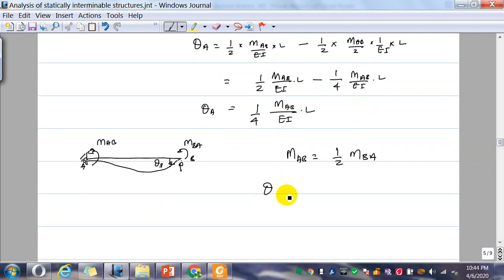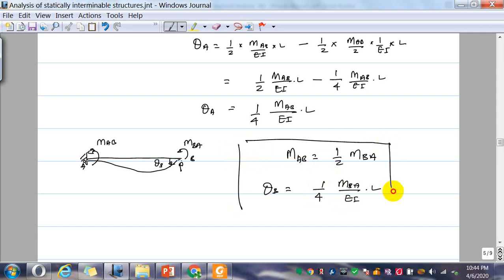Then also you will obtain theta B is equal to 1/4 MBA over EI into L. So it's similar to what we have derived earlier. These equations you will obtain if you rotate the other end by theta B.